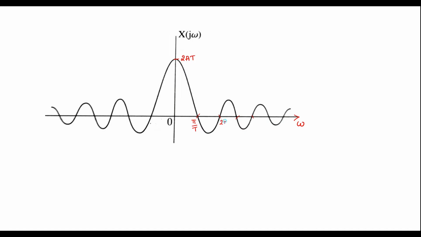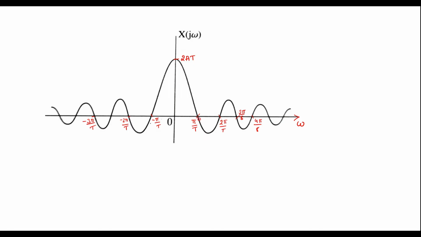Similarly this will be 2π/T, this will be 3π/T, this will be 4π/T and so on. Similarly on the left side we have minus π/T, this is minus 2π/T, this will be minus 3π/T. At these ω values, X(jω) will be 0.